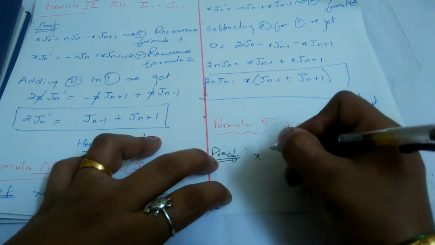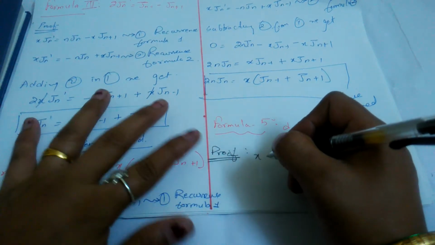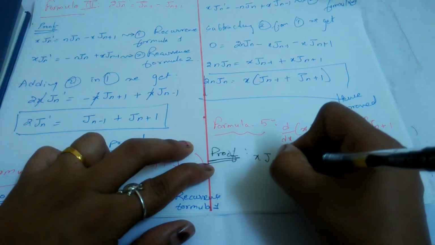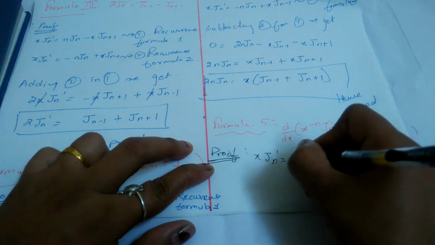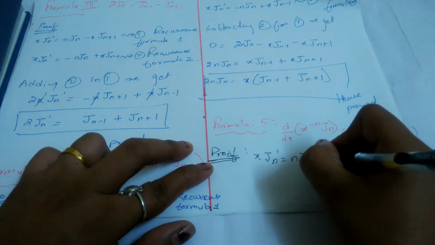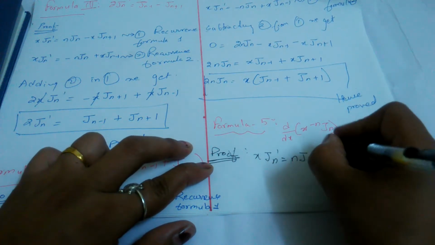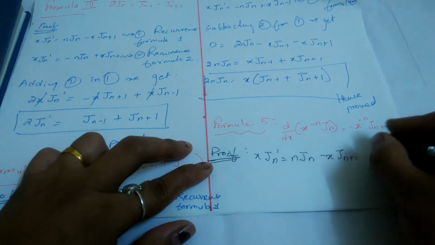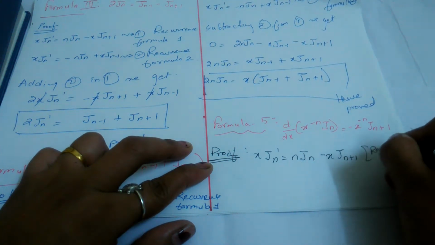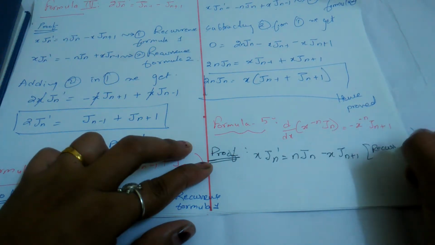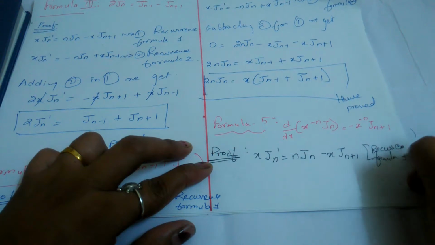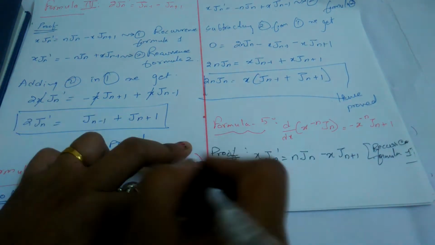I'll take recurrence formula number 1. So x of J of n dash is equals to n Jn minus x Jn plus 1. This is recurrence formula 1.